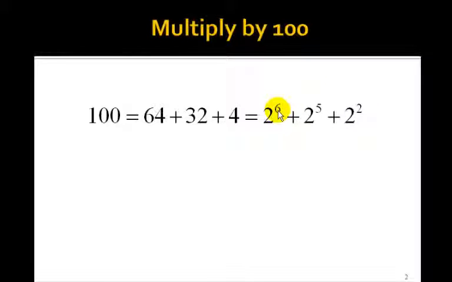Every time you shift left, it multiplies by 2. So if we shift 6 places to the left and then add it to the same value shifted 5 bits to the left and then shifted 2 bits to the left, then that will be the same as multiplying by 100.